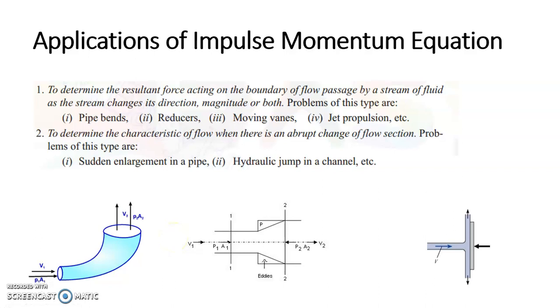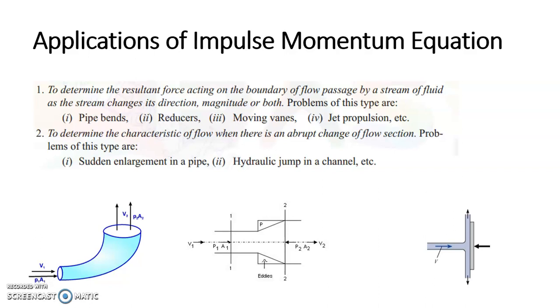The first one is to determine the resultant force acting on the boundary of a flow passage by a stream of fluid as the stream changes its direction, magnitude, or both. Problems of this type are in case of a pipe bend. If you have seen a pipe bend of 45 degrees, 120 degrees, or 90 degrees, we have used this impulse momentum equation to calculate the magnitude of force, or we have calculated the pressure or force here.